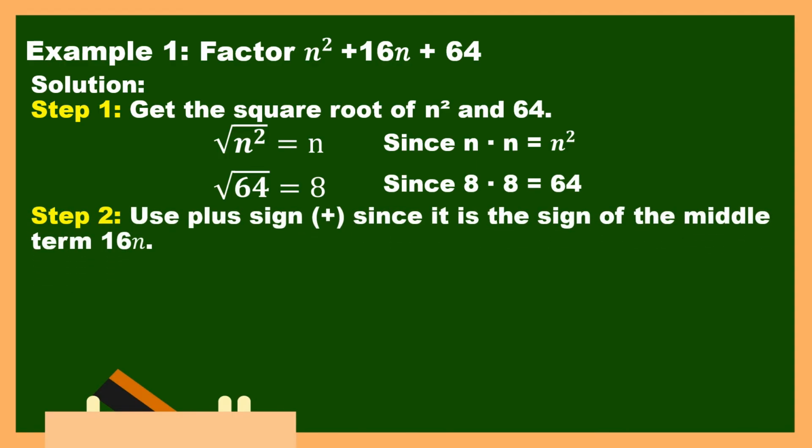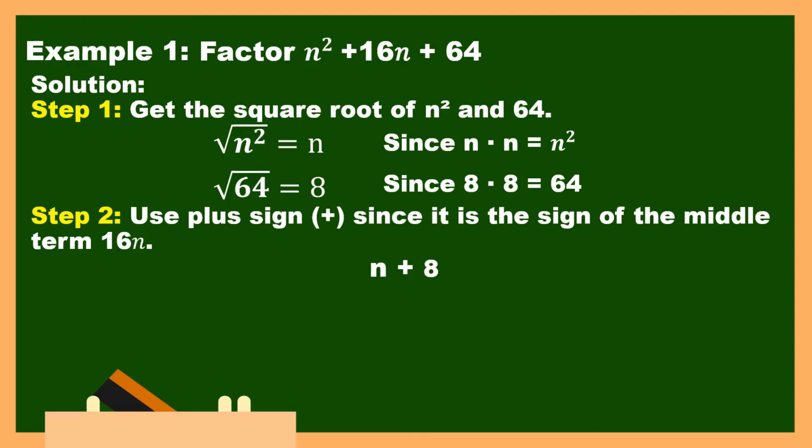Next step is use the plus sign, since it is the sign of the middle term 16n. So dito, sa pangalawang step, kung ano yung sign na ginamit sa middle term, yun din ang susundin natin para makapag-form tayo ng ating binomial factor. And ang ating binomial na nabuo ay n plus 8.